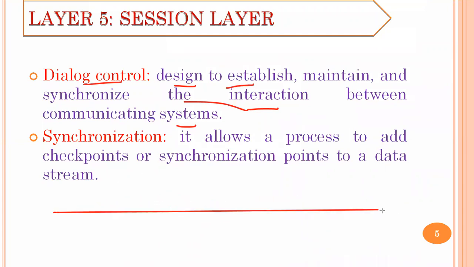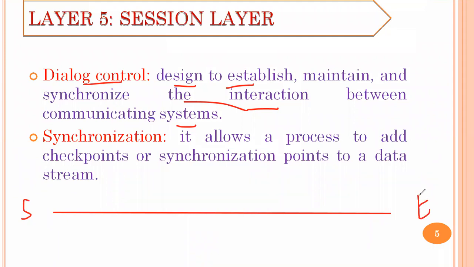Suppose this is the path you have to cover, and this is the starting point, and that will be the ending point. And suppose some checkpoints are being implemented at this point, and at this point, and this is the final stage.